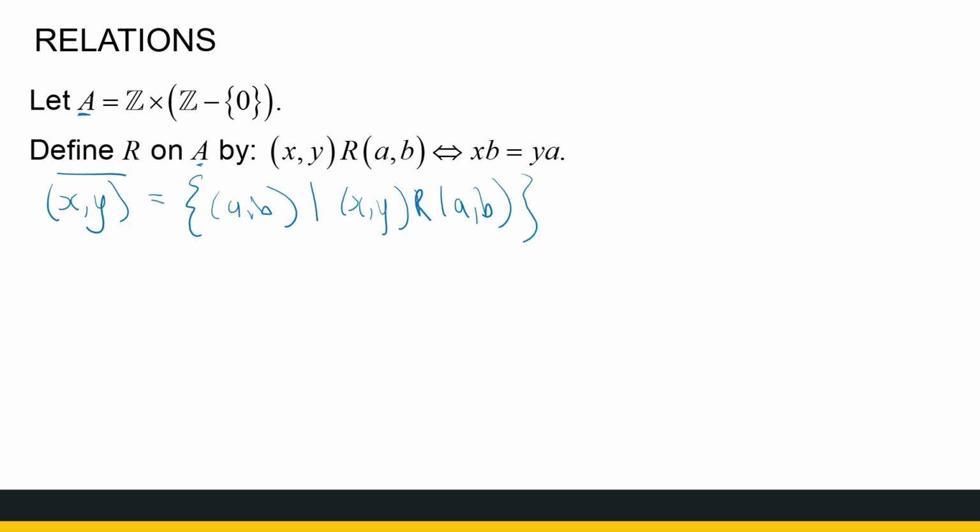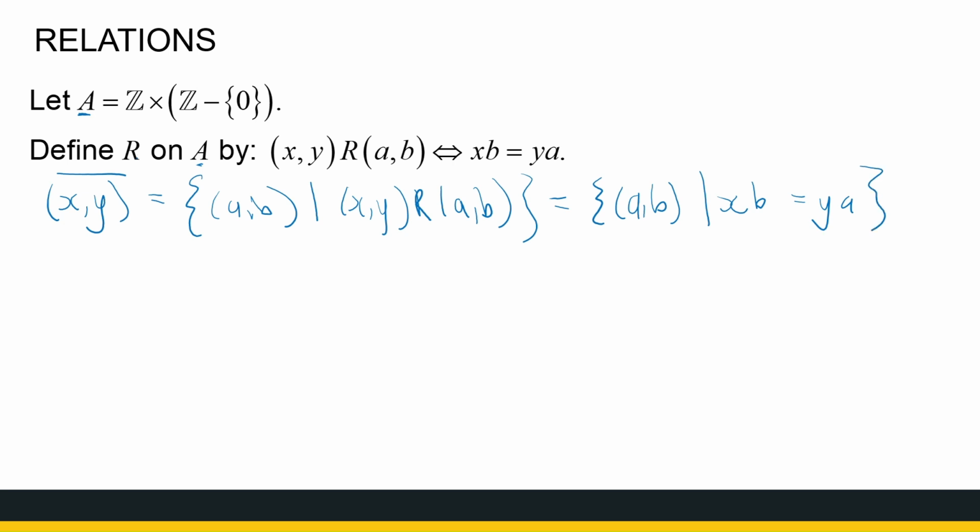So it's all the ABs that match up with xy with this relation. If we want to be more specific with this definition, it's all the ABs given xb is equal to ya. So it's all the ordered pairs for which that is true.